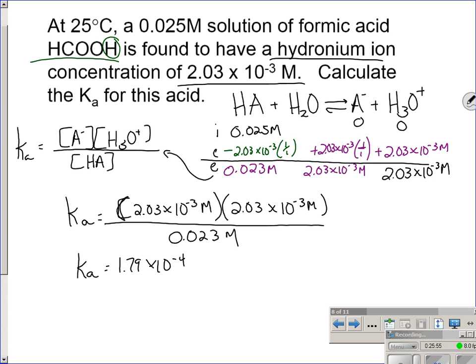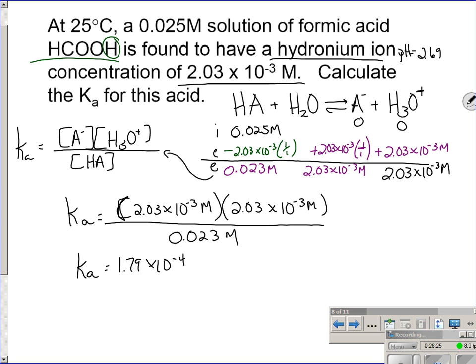So a better example of this would be if, instead of giving you this, they said the pH is equal to 2.69. And then from that, you would have to calculate the hydronium ion concentration.